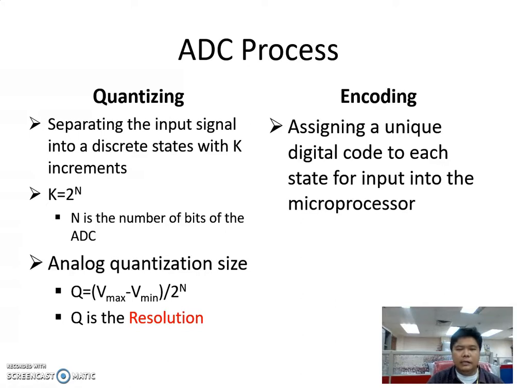The quantization formula is the maximum voltage minus the minimum voltage, divided by 2 to the power of n. That gives us the ideal resolution to represent our signal. And encoding means to change those values into 0s and 1s so that our microprocessor can process that data.